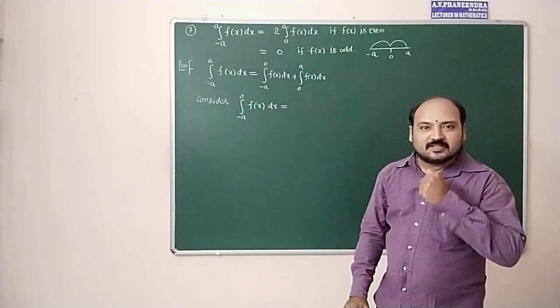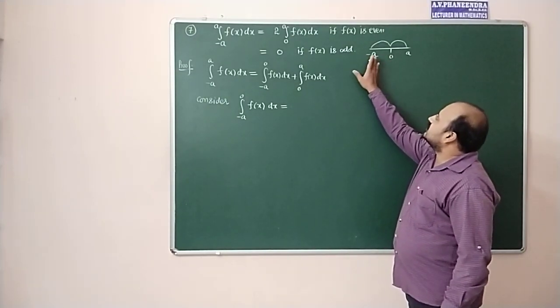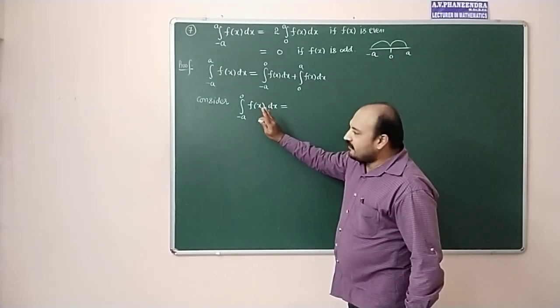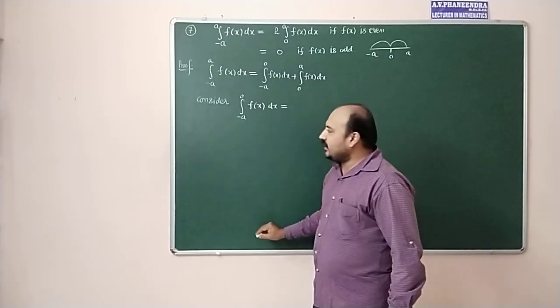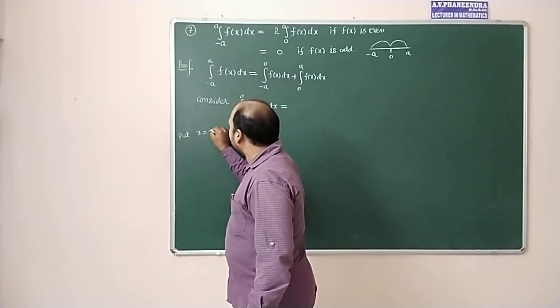What does -a to 0 mean? Negative values only, no? This is a negative interval. So to evaluate this integral, I am assuming x is equal to -t.